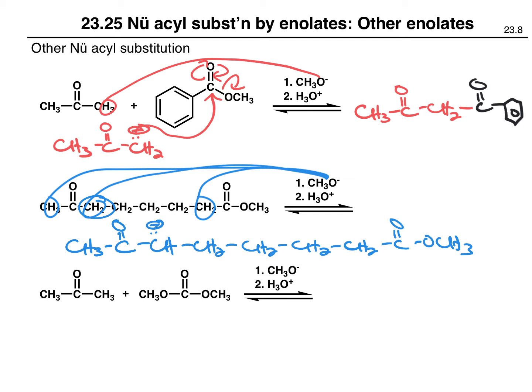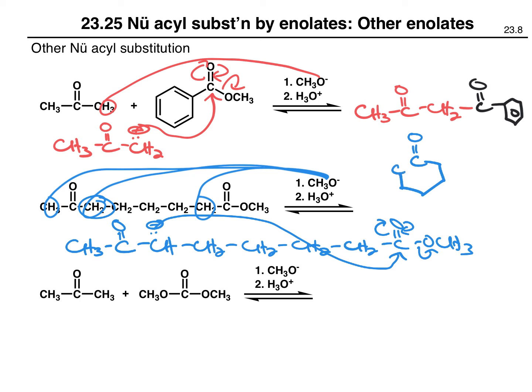Now, this enolate can share its electrons with the carbonyl carbon. These electrons go up, come back down, kick this out. So here is our carbon that is a carbonyl. It's connected to a CH2, CH2, CH2, CH2, CH2.